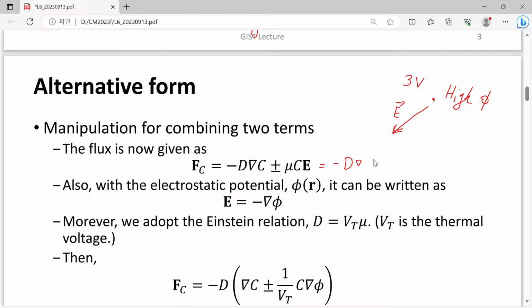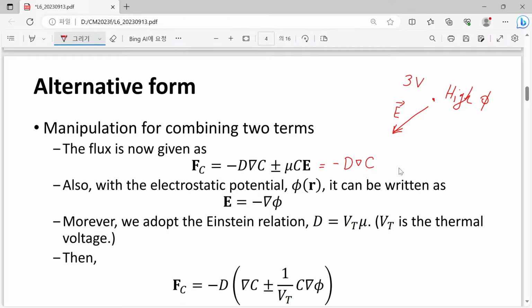The diffusion term is not modified at all. However, the electric field term can be written with minus-plus because of this negative sign, and here we have mu times c times this one.